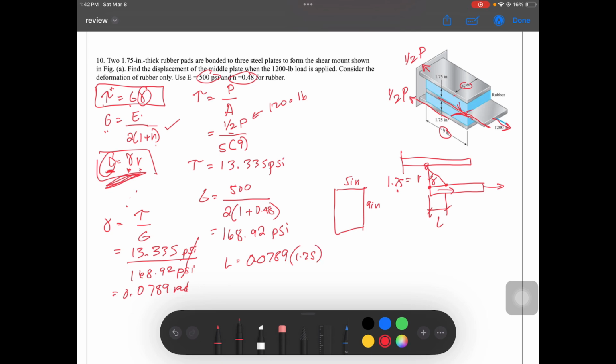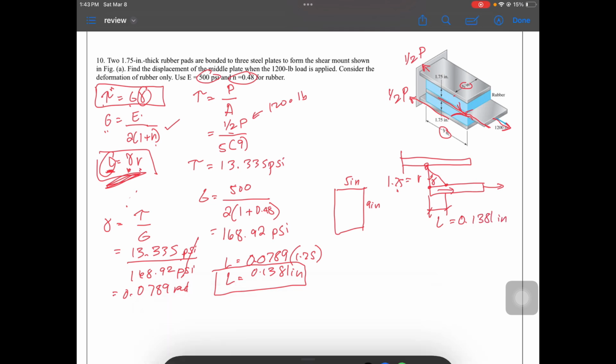It is in inches, so the unit of our linear displacement will also be in inches. So this displacement is very small, 0.1381 inches.